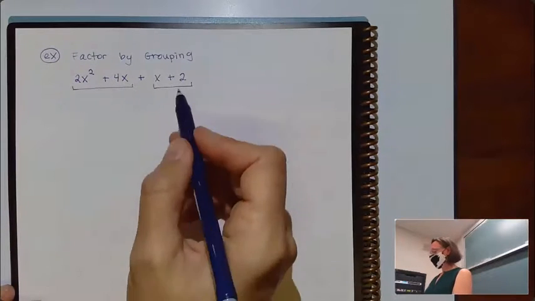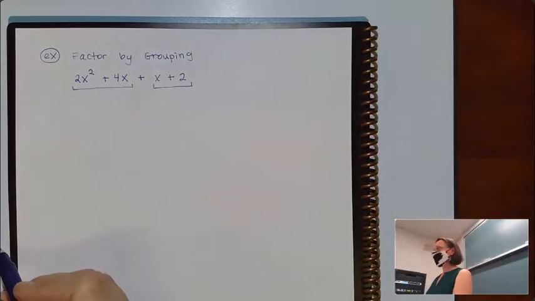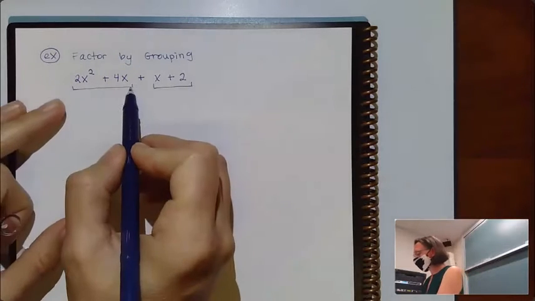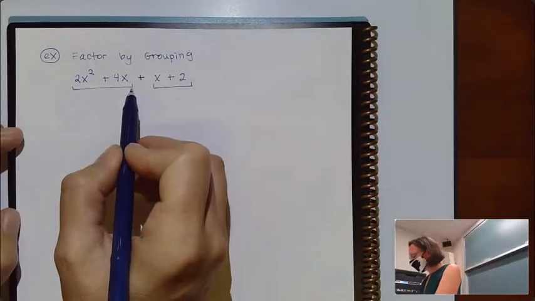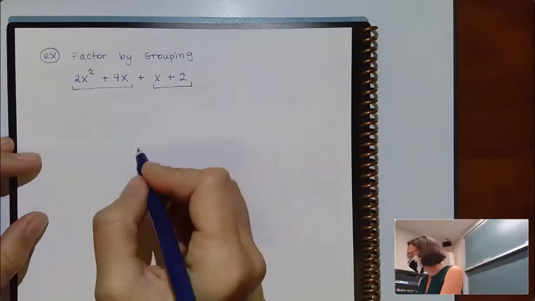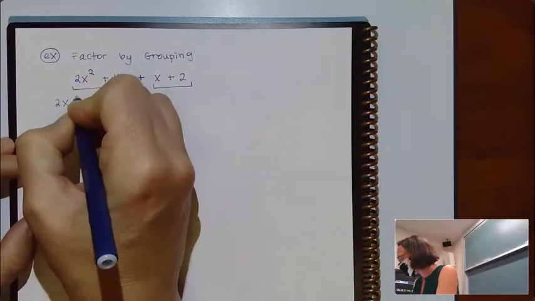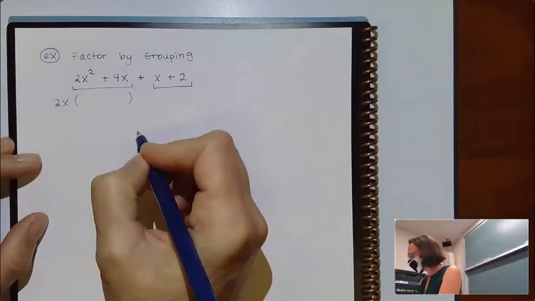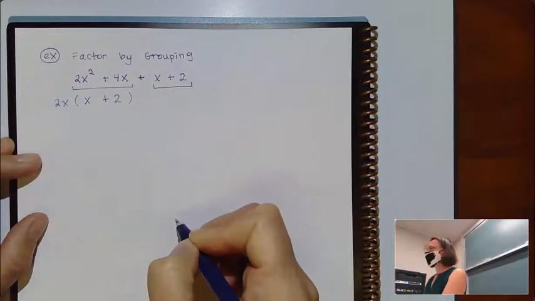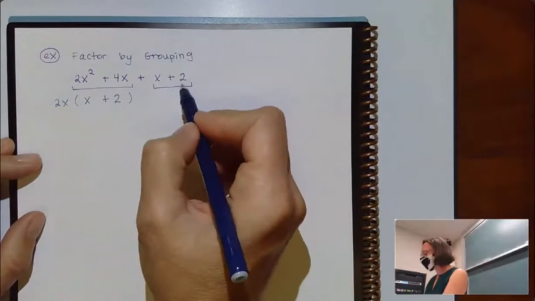And I'm not going to lie, if I look at my second group, there is nothing I can pull out. Also, Amber's on top of the factoring by grouping. Nicely done. So I'm going to look at the first group and factor out the only thing I've got, a 2x. And if I pull the 2x out, I'm left with x plus 2. Conveniently, that's also what I already have over here.